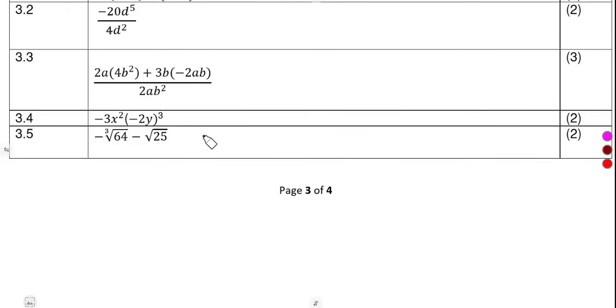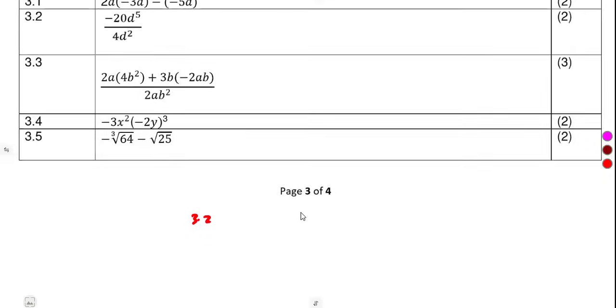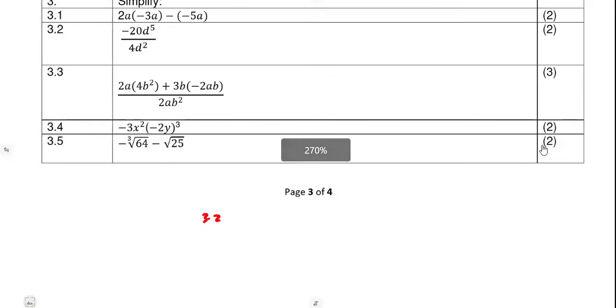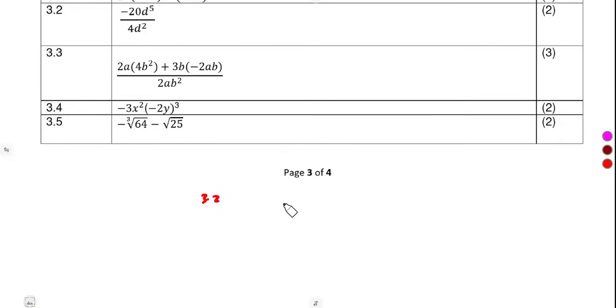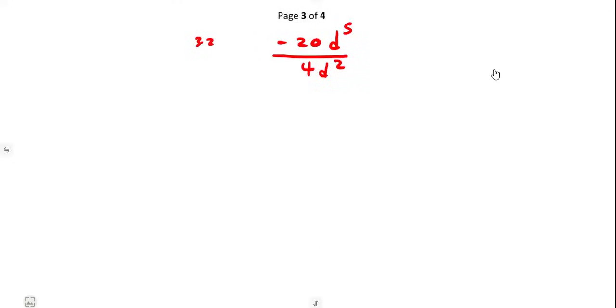3.2. On 3.2, we are given another part on our integers there. Also use the laws of exponents there. So this was going to be negative 20d to the exponent of 5 over 4d to the exponent of 2. So if we consider here, guys, we can simply divide the numbers separately.